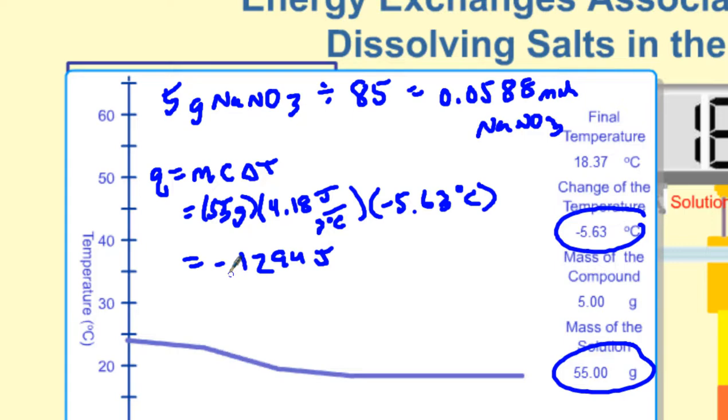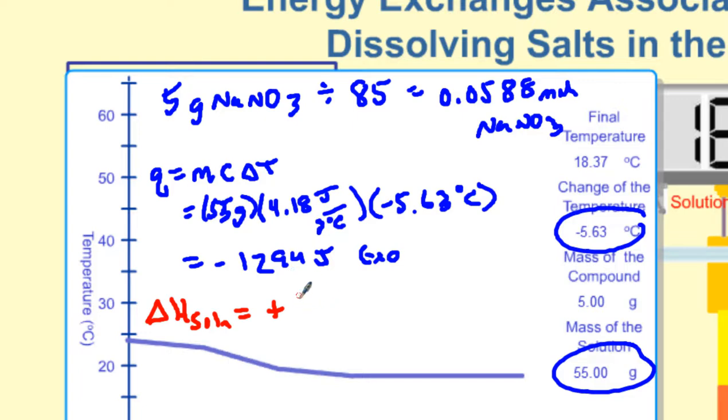The water itself was releasing heat, wasn't it? Which means the solution must have been absorbing the same amount of heat.